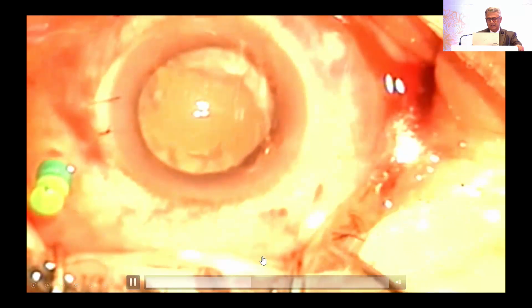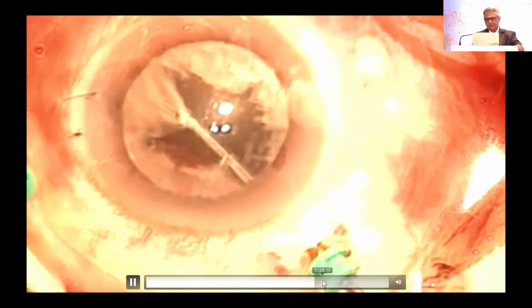So even if the lens matter has fallen behind, we do not go to the lens matter immediately. We first go around and around and remove the vitreous, and then we are now taking the course of phaco-fragmentation, with balanced suction and phaco power, after the vitrectomy has been done.